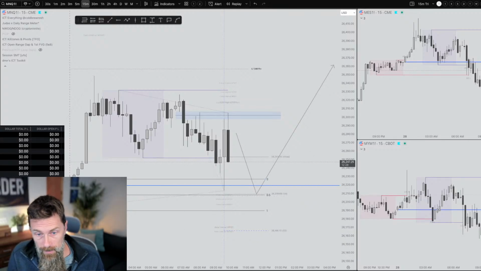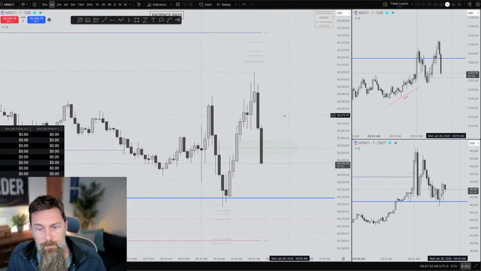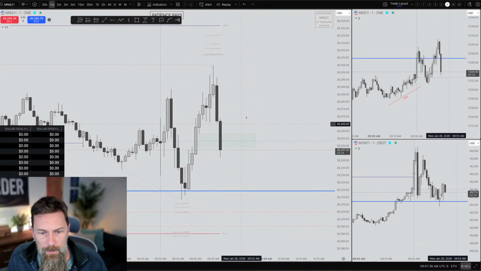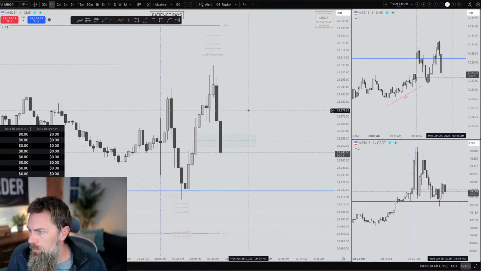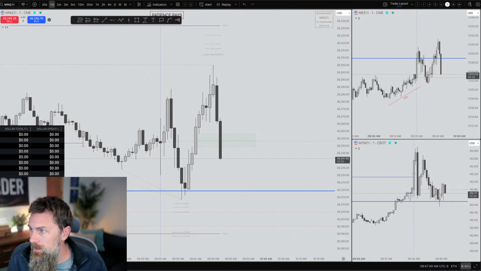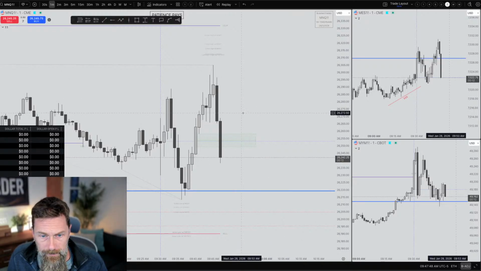Oh, something, we got some movement over here. So we tapped into that 15-minute gap. Here's bearish SMT.